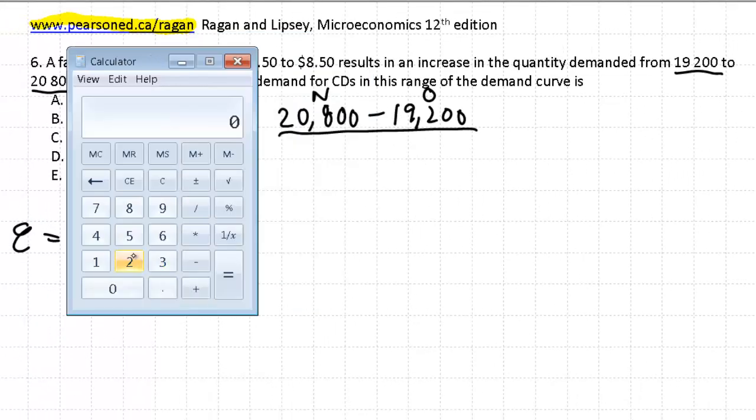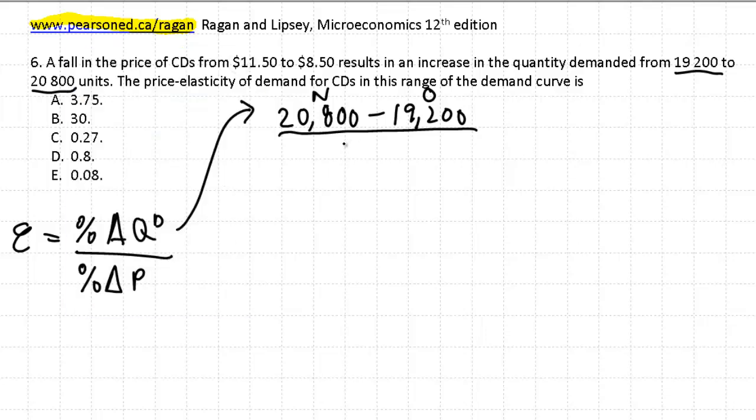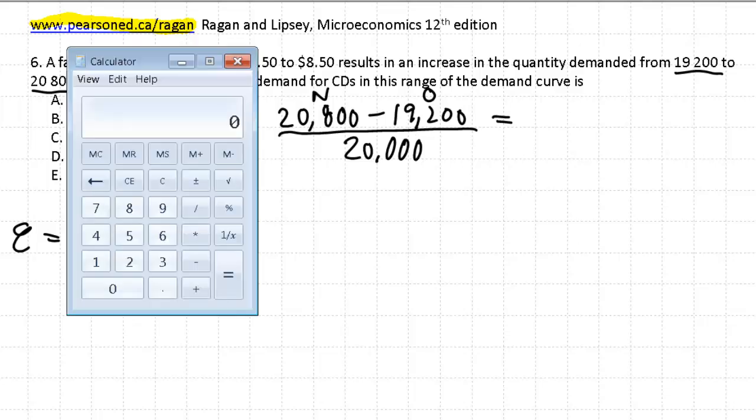The average of these two: add them up and divide by 2. 40,000 divided by 2 in this case is 20,000. So nice, easy math. Now the difference between these two should be 1,600, but let's just check.